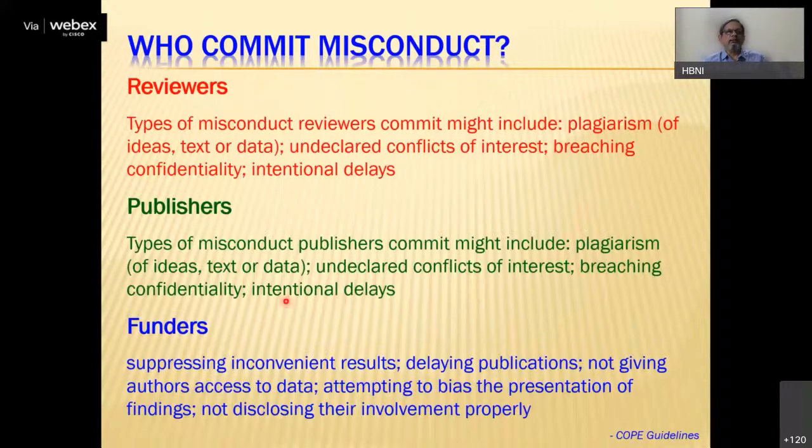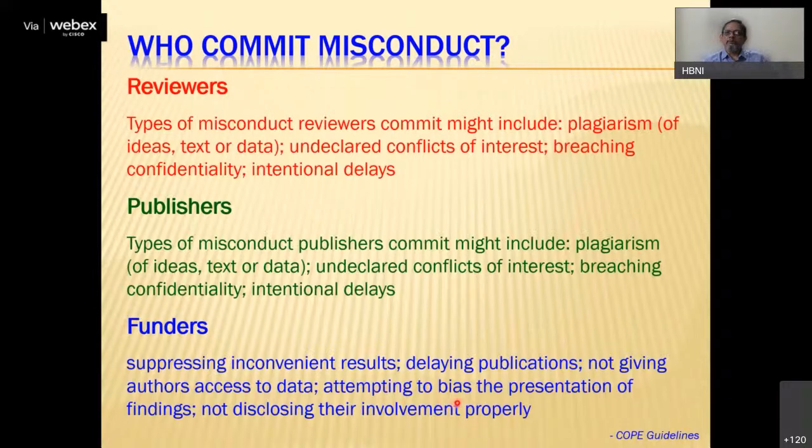Then some of the funding agencies, of course, this doesn't happen much in our country, but abroad in the West, this is a possibility where the funding agencies try to influence the outcomes of the research which they are funding. So they can actually suppress inconvenient results, negative results. They can also, if they want, delay publications or prevent authors from having access to the data.